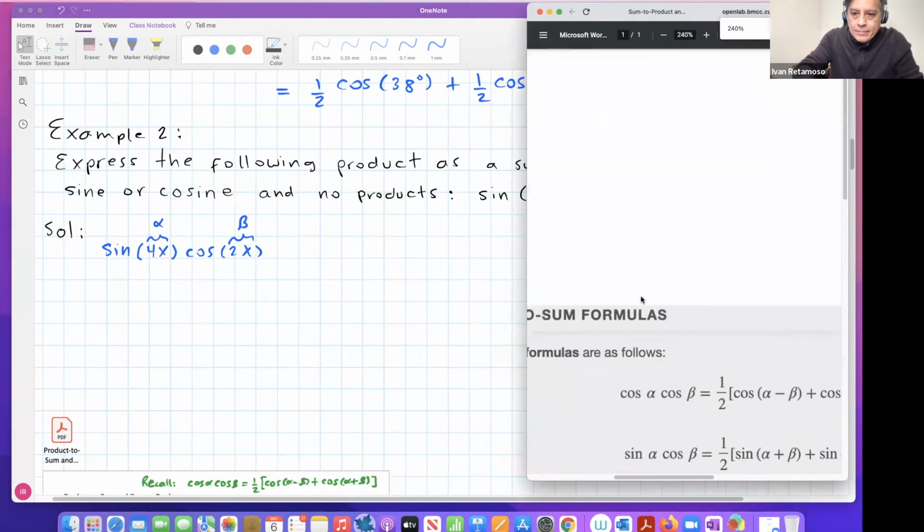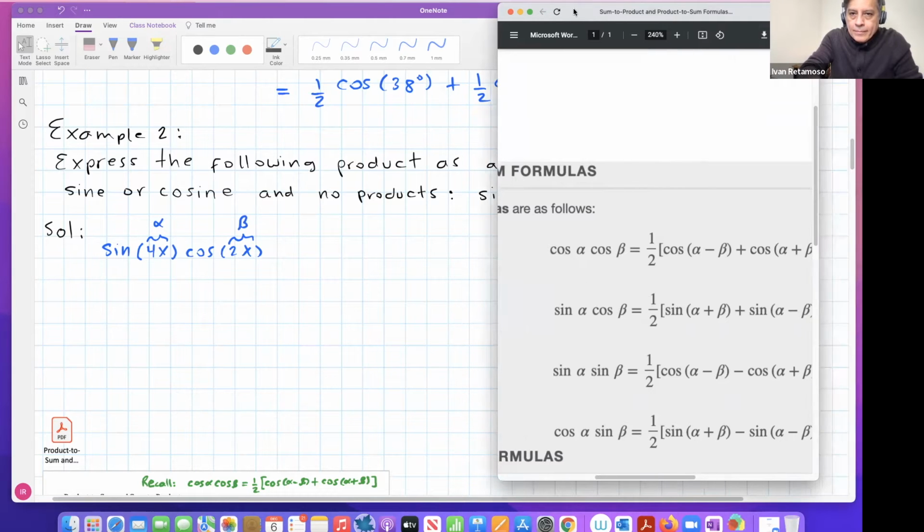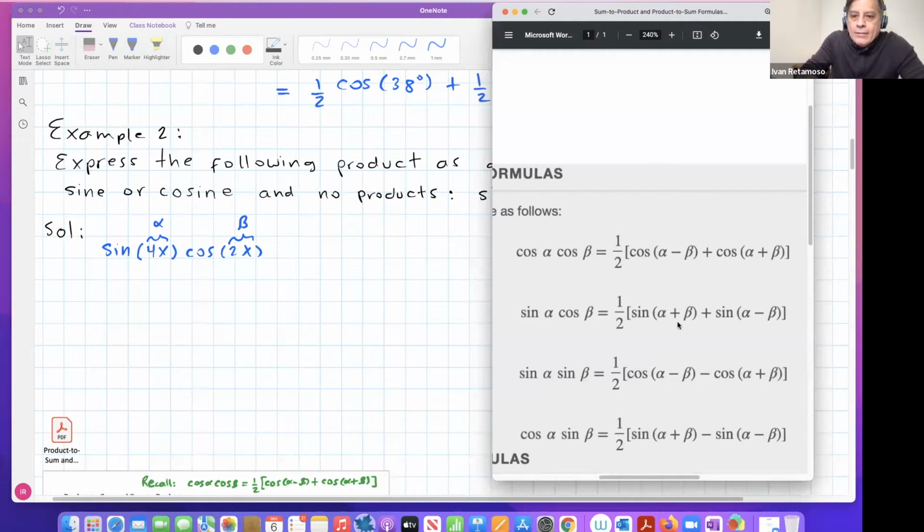First set here, look for sine first and cosine next. Sine, cosine is the second formula. The second formula is telling us that sine times cosine is equal to 1/2 of sine of the sum of the angles plus sine of the difference of the angles. So let's apply that formula.